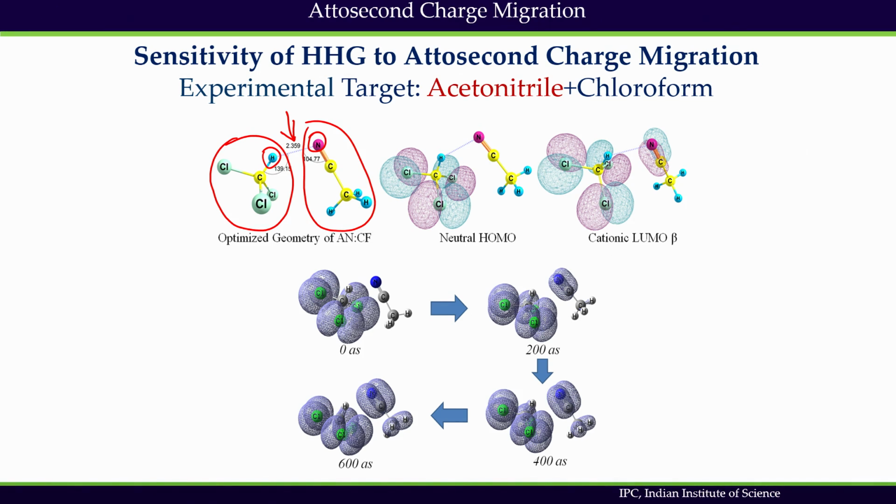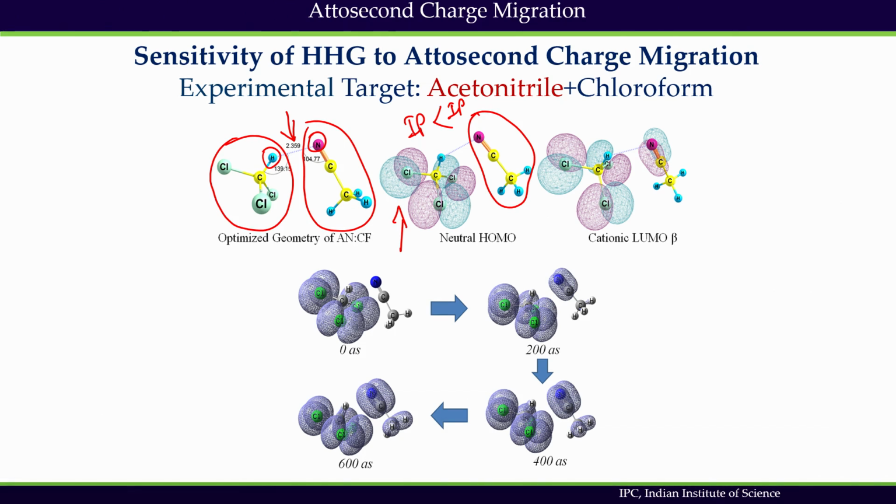The ionization potential of this molecule is greater than that of this molecule. So the IP of this molecule is low, and because it has a low ionization potential, I remove an electron from this molecule.